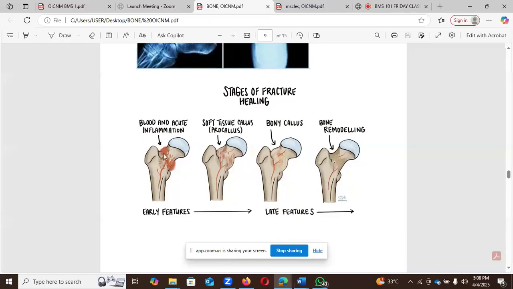So when a bone is broken or fractured, these are the processes of healing: hematoma and inflammation, formation of soft callus, formation of hard callus, and bone remodeling. So from early pictures to late bony pictures, this is how the bone repair and healing process will take place.